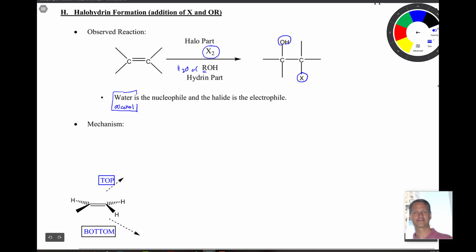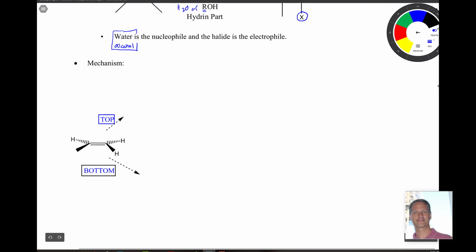Okay, so let's look down here at the mechanism. Don't forget that we're still reacting in such a way that we want to interact with these p orbitals. So we'll come up and do this first. The first part of this reaction is like what we saw before, except we're adding water here too.